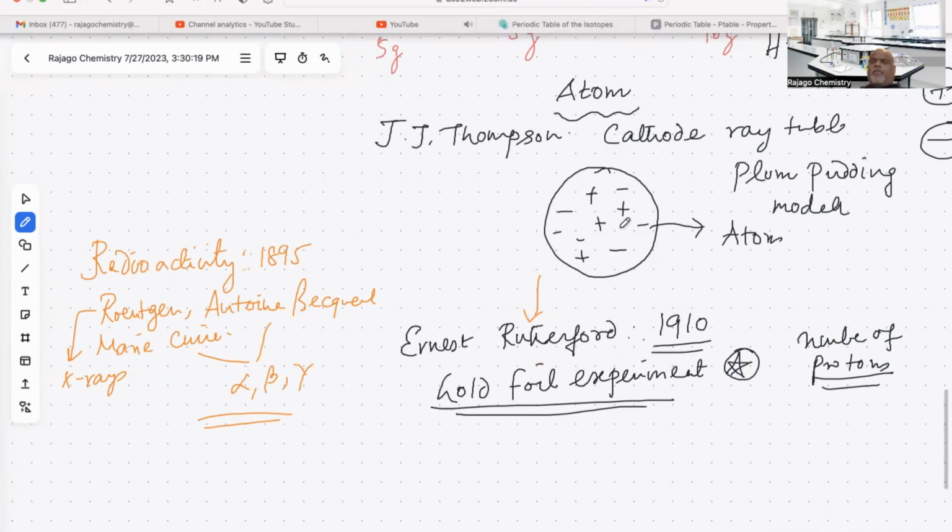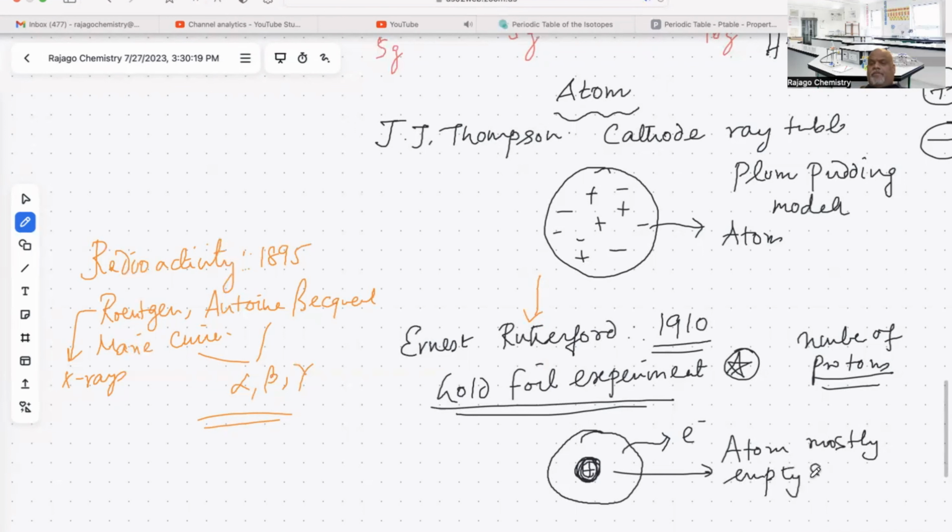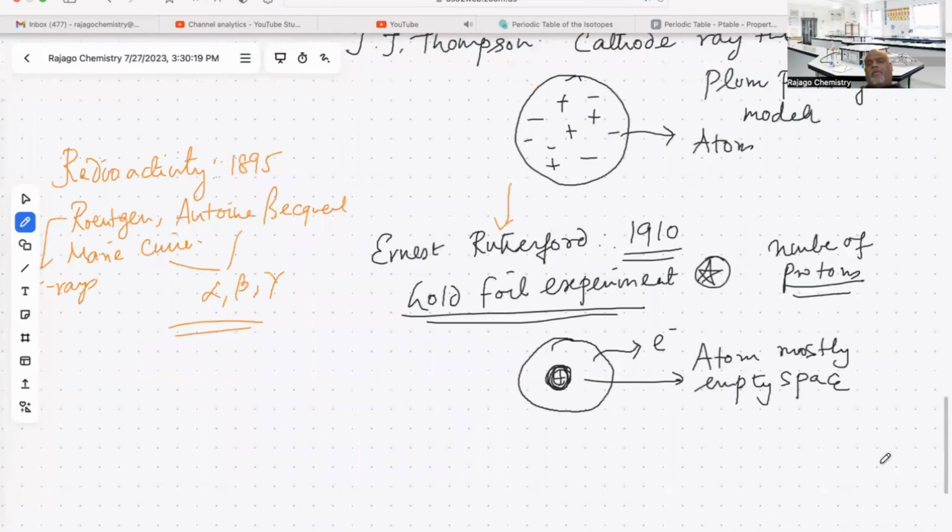Okay, so the plum pudding model is not an appropriate model. The nucleus is centered and dense, the negatively charged electrons are going around, and the atom is mostly empty space. Okay, this gold foil experiment is a very important discovery.